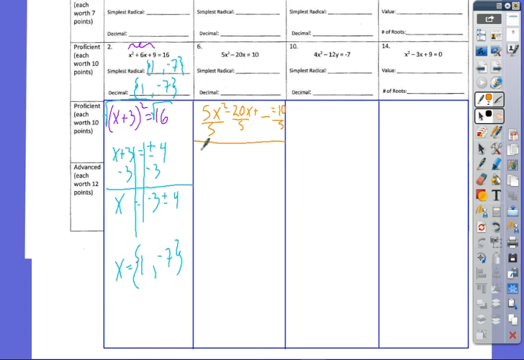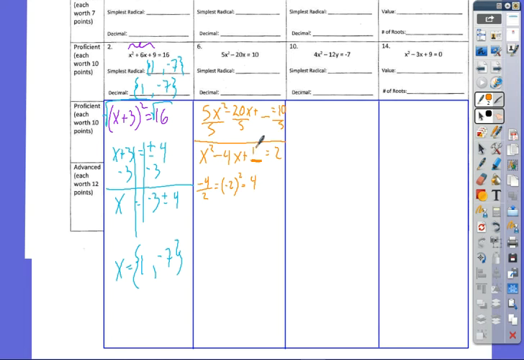So we have x squared minus 4x plus something, I don't know what that something could be, is equal to 2. And notice I've just divided all of the coefficients by 5. Now, to find the number that I'm going to add, I am going to have to take the coefficient of the linear term, divide it by 2, and square it.